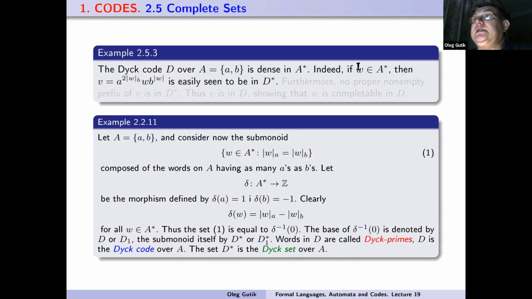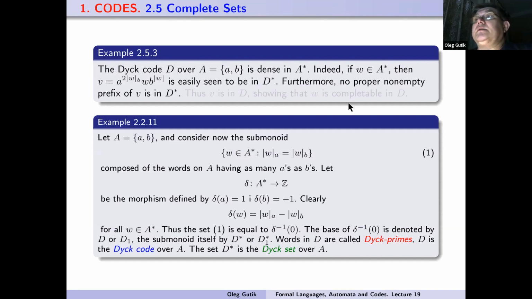Indeed, if w is a word of the free monoid A star, then the word v of the form a to the power of the number of occurrences of the letter b in w, multiplied by w, multiplied by b to the power of the number of occurrences of a, is easily seen to be in the monoid D star.